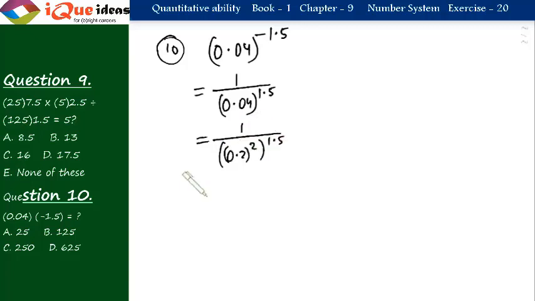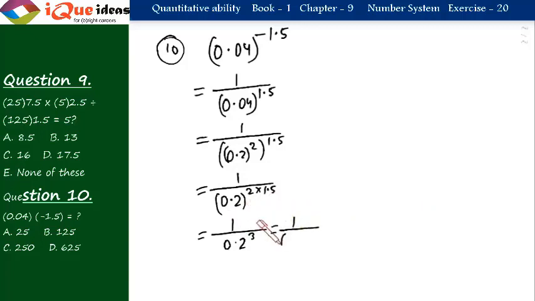So power will get multiplied. So we have 1 upon 0.2 to the power 2 into 1.5. Now 2 into 1.5 is 3. So it is 1 upon 0.2 to the power 3. Okay.